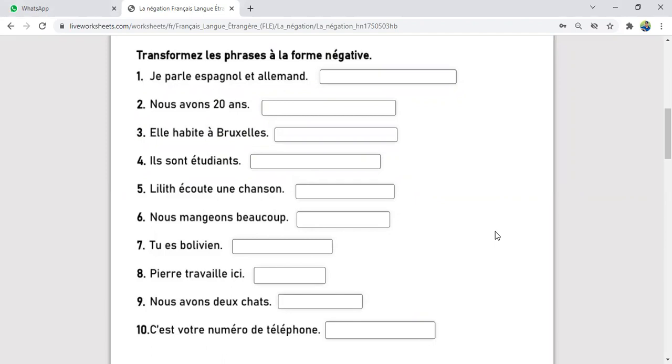Transform the sentences into negative form. Here what you're supposed to do is you need to transform these 10 sentences into negative form. Do you understand? Is it clear? Yes, teacher. Yes, okay, go ahead.